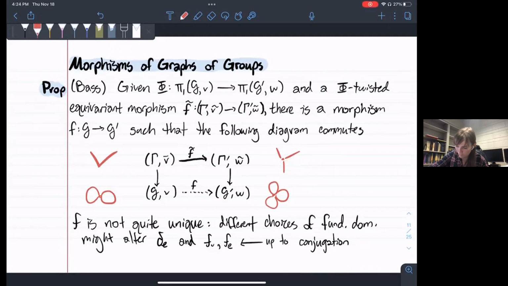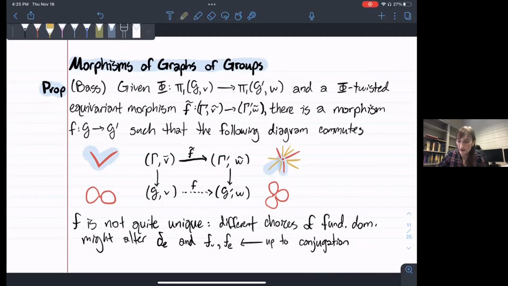Maybe I should draw those in a different color, so I will. So maybe there's some good reason for it to have a bigger valence. And maybe the morphism of graphs of groups sends this guy here. Like maybe it matches up one of my edges and it fails to match up the other one.